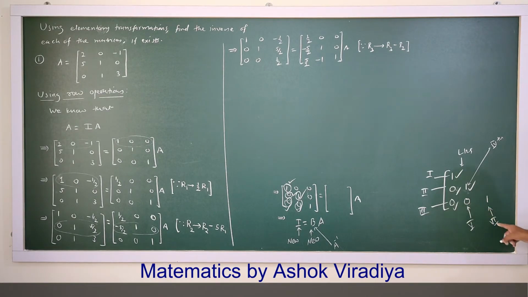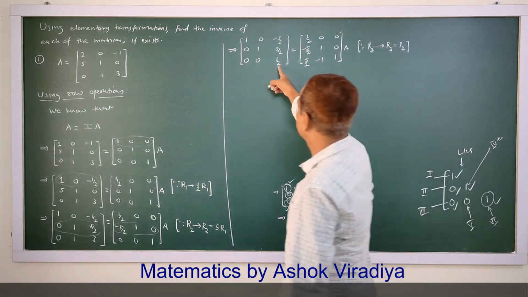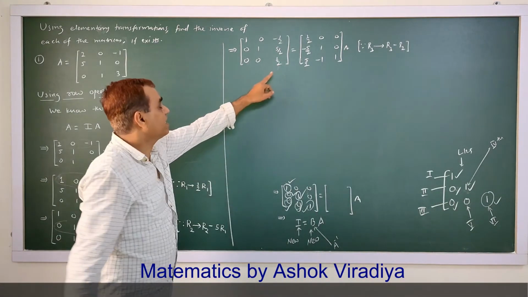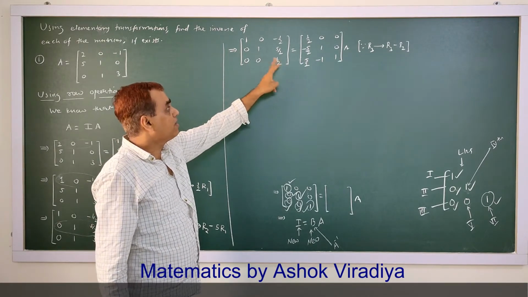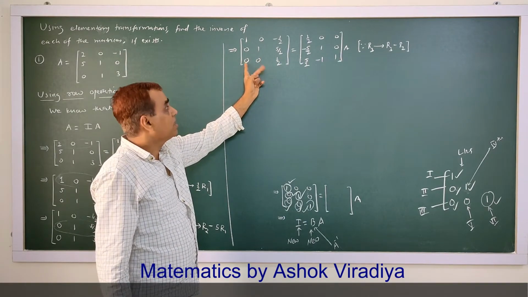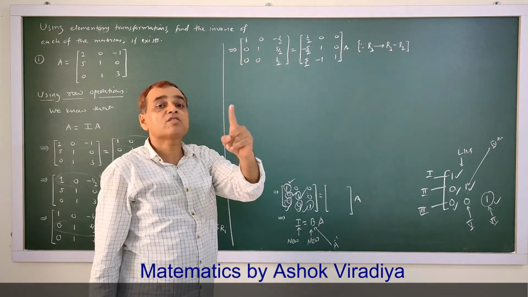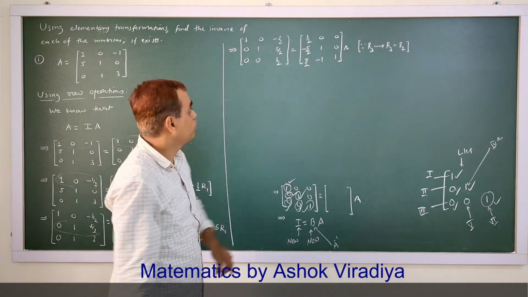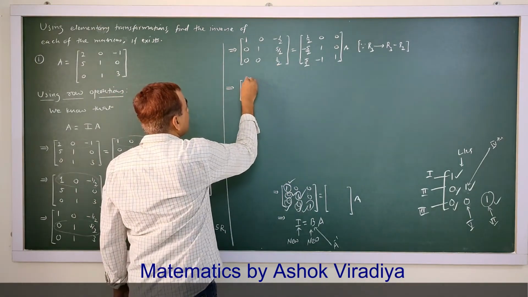Now sixth step, get this one. Sixth step, get this one. So look here, we want 1 here. So to get 1 here, because these are zeros, we multiply this by 2. Multiplying third row by 2, here we will have 1.